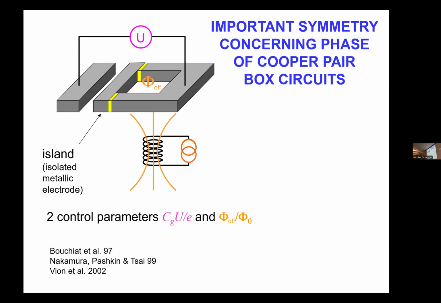There are certain circuits that are different from the others in the sense that they contain an isolated electrode, which we call an island. So what happens here is the fact that certain nodes in the circuit are surrounded by elements that have all insulators in them.